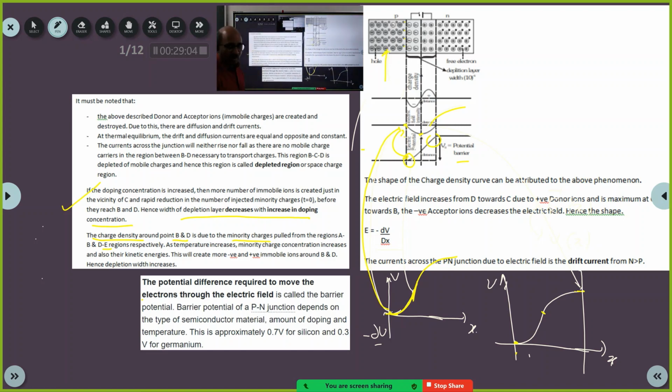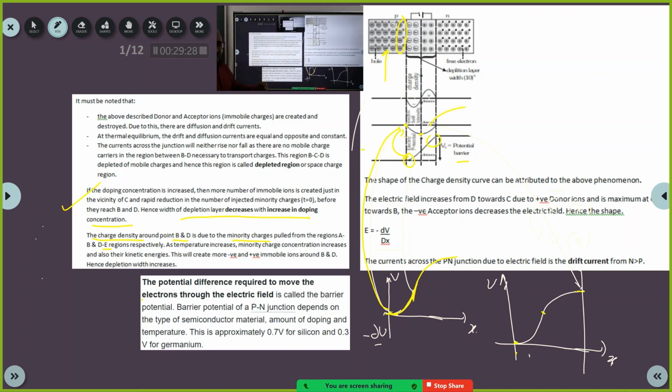Temperature increases, more bonds will break. So more free electrons are there, and more free electrons means they will cover more of these dopant ions.